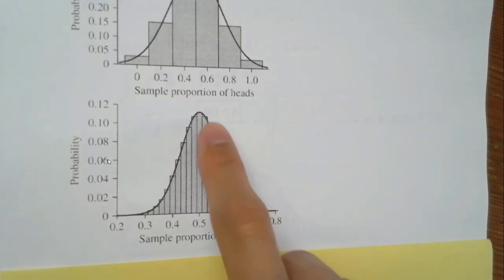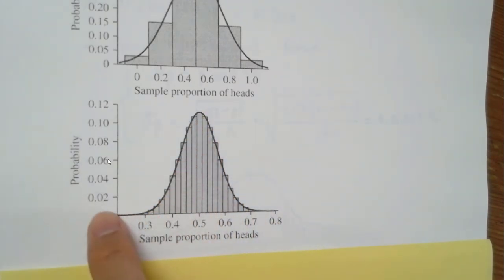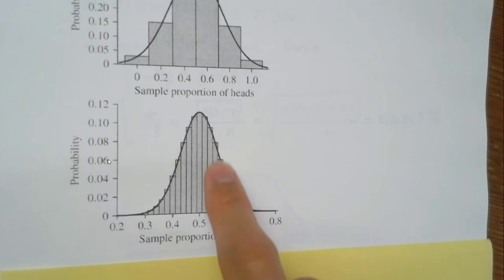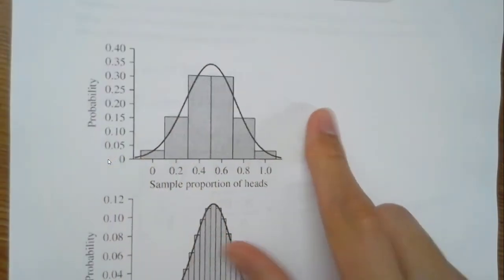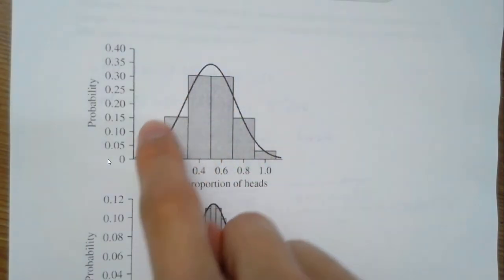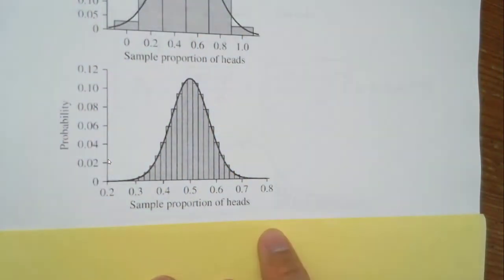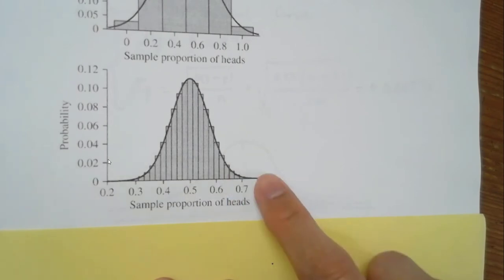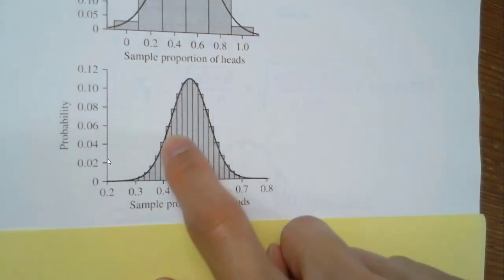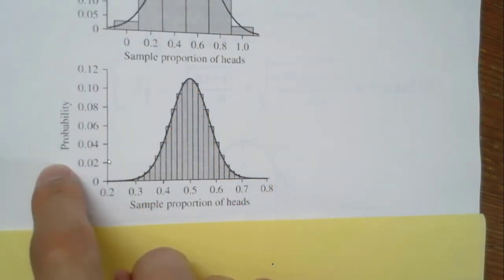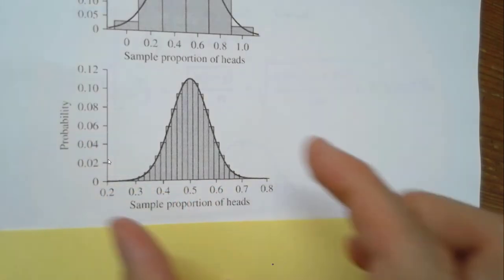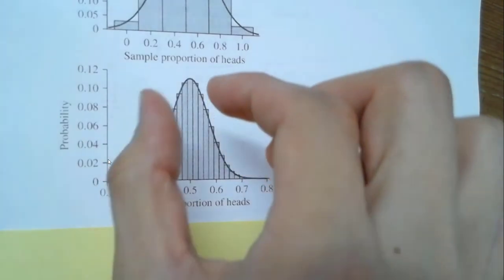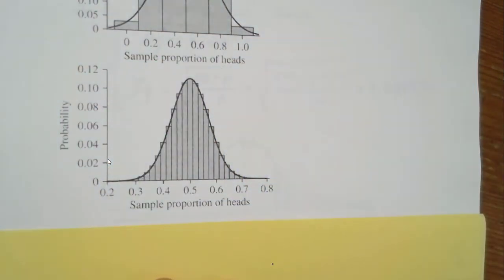This first figure is not approaching all the way, but for the second one, we see that it is approaching very closely, the values of the probabilities of all the sample proportions. So they fit the normal curve very well in this case.